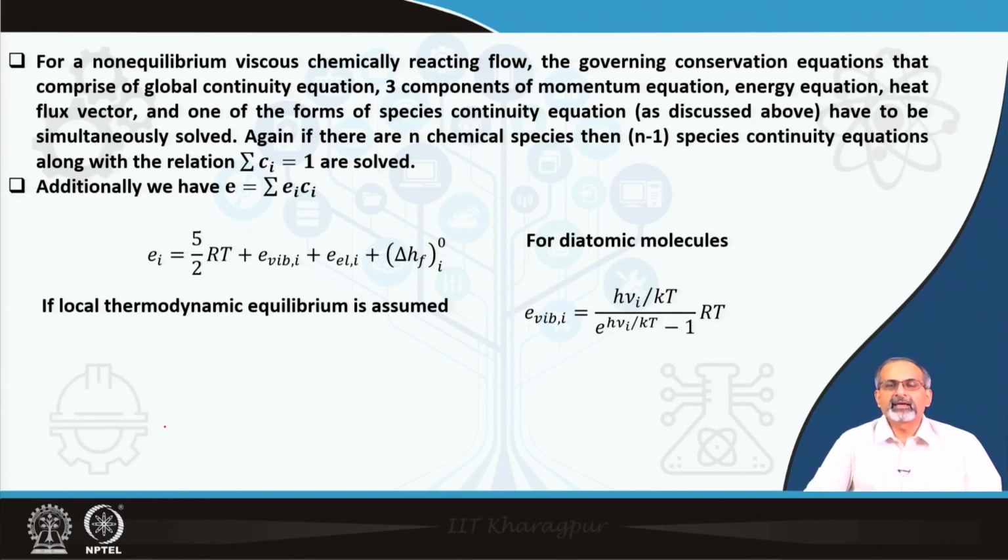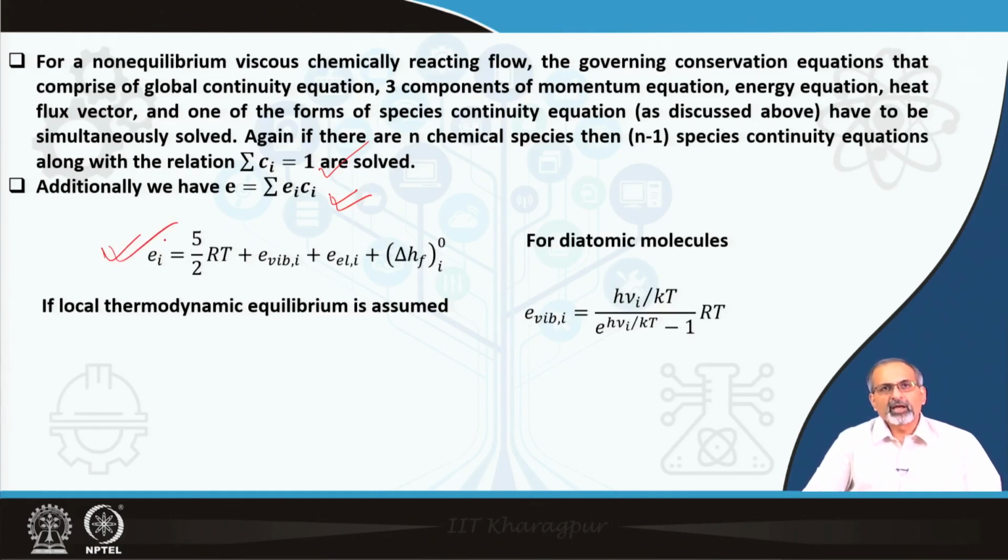Again, if there are n chemical species, then n minus 1 species continuity equations, along with the relation sigma C I equal to 1, are solved. Additionally, we have the equation for E, which is sigma E I times C I, and for diatomic molecules, the E I expression will be of this form.